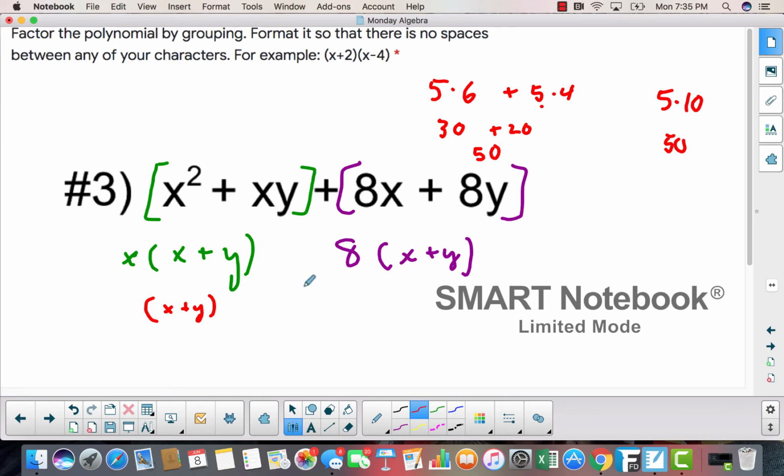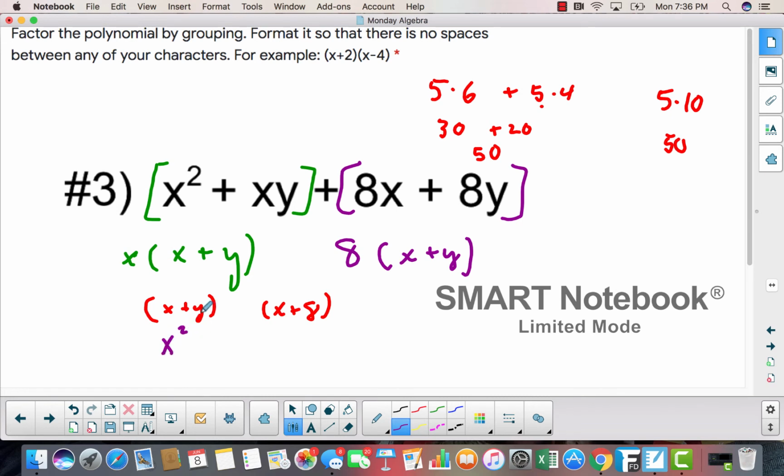And then what I'm going to do is add the x and 8, similar to what we did up here in this example, adding the 6 and the 4 to get 10. So now I can multiply those together, and if you do the math out now, interestingly enough, let's just multiply these first terms. X times x is x squared.